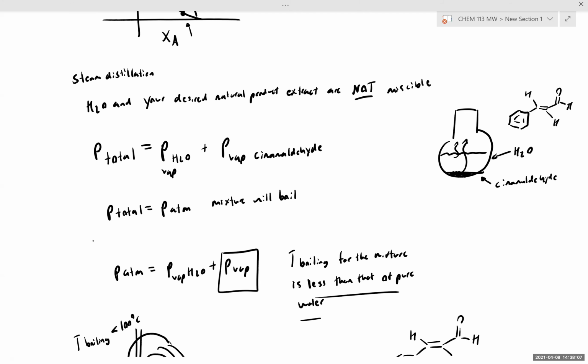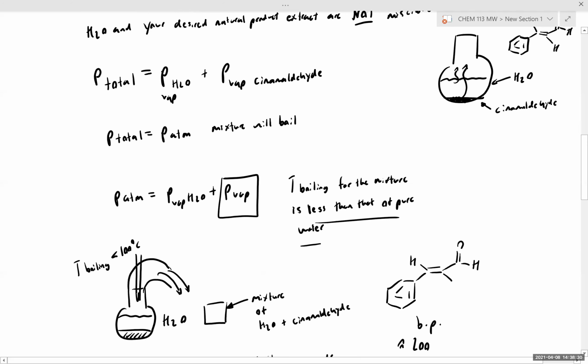As a consequence, substituting these two expressions, we know that when this mixture is boiling, the atmospheric pressure will match the vapor pressure exerted by water plus the vapor pressure exerted by cinnamaldehyde, which is our immiscible component. So, as a consequence of our two components being immiscible, water and cinnamaldehyde each exert a vapor pressure, and when the total vapor pressure matches the atmospheric pressure, the mixture is boiling.